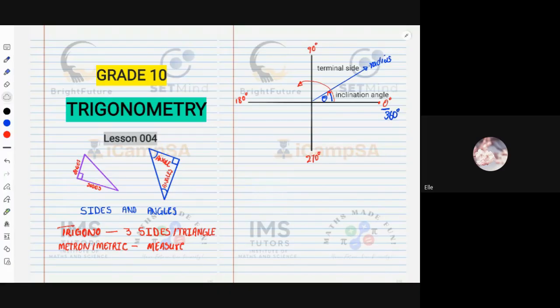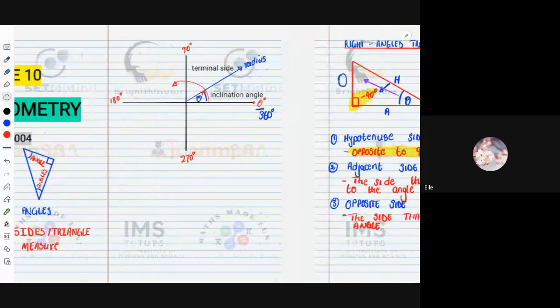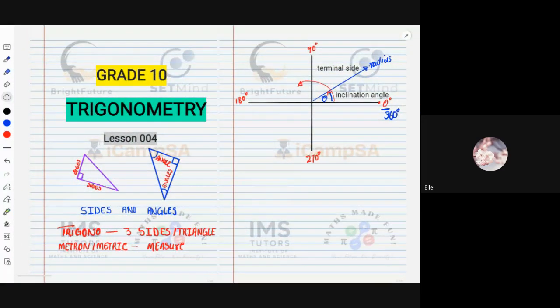Another thing that I introduced, since we have already touched on functions: when we did functions, I told you guys that functions are basically relationships. It's the same thing that happens here. In trigonometry, we are still relating things. We are still relating sides and angles.